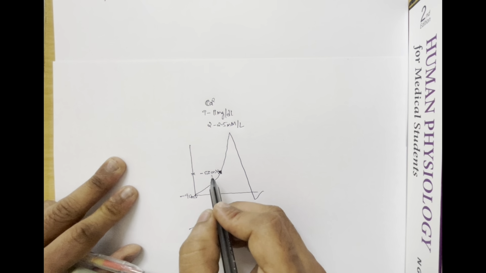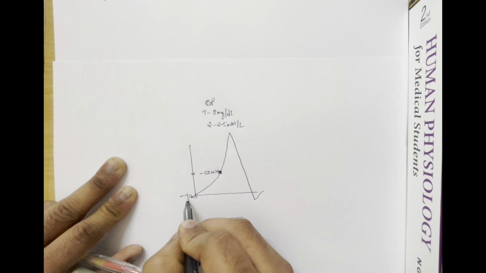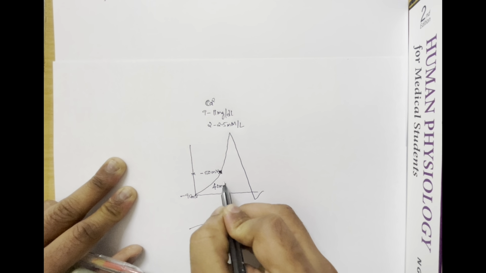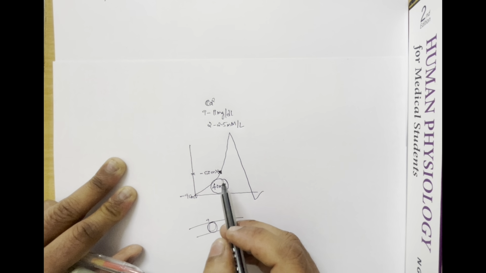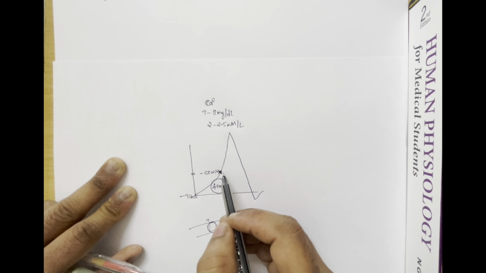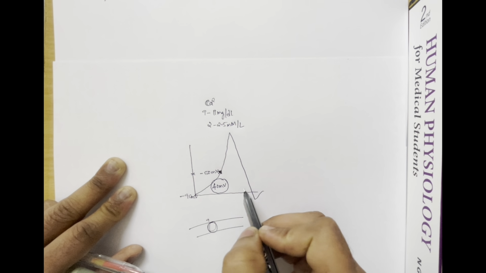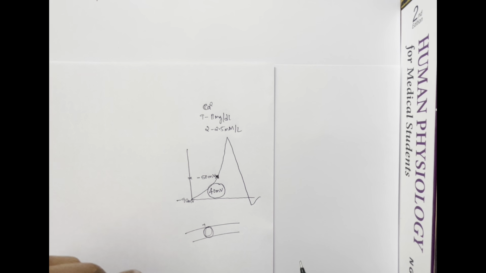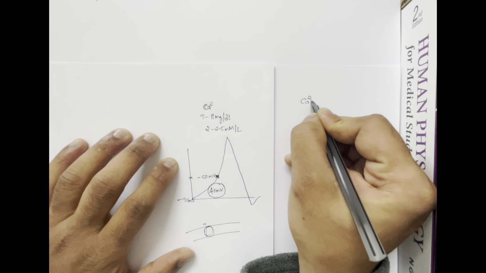From minus 90 to minus 50 means around a 40 millivolt change has to be made to activate the voltage gated sodium ion channels, and they will respond with action potential generation or excitation of the muscle. Now we will see what happens if the calcium concentration is more in the extracellular fluid.